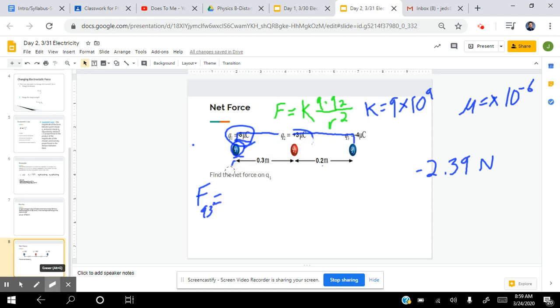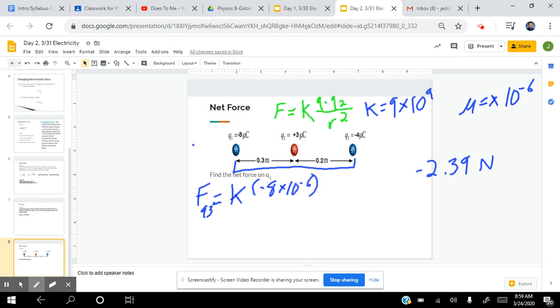I'm going to erase some of this stuff here. Now what we're going to be doing is finding the force between Q1 and Q3. So same process, use that K constant multiplied by my two charges. So you're still going to be using that -8 times 10 to the -6th, only now you're using Q3 instead of Q2.